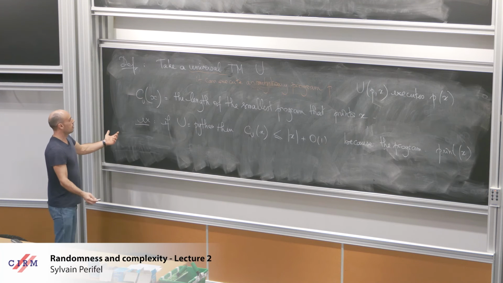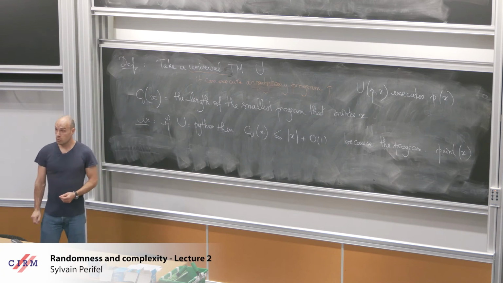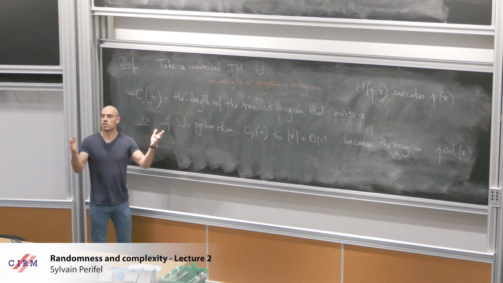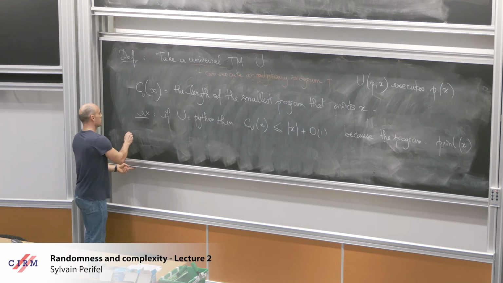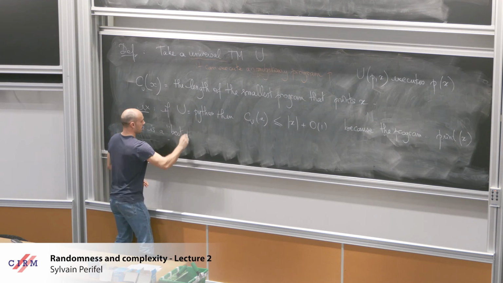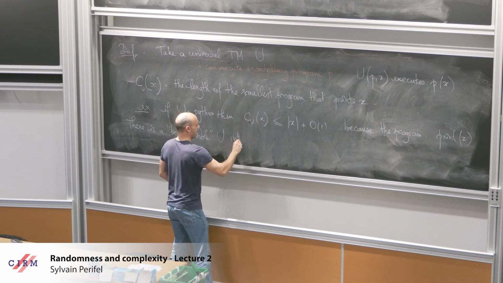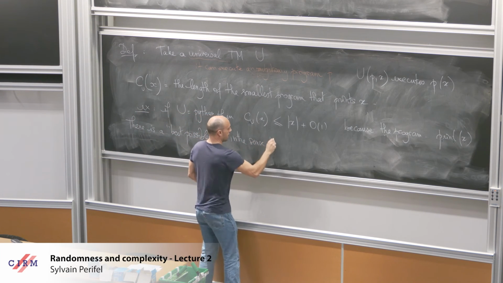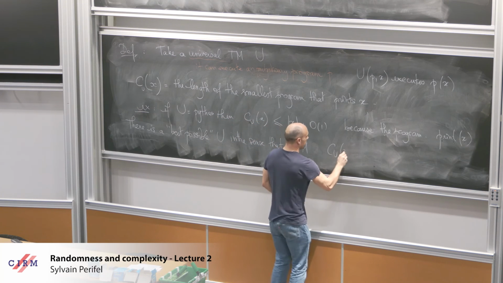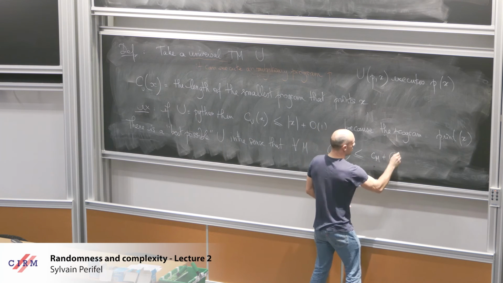So you will tell me that, okay, this is because we have chosen a correct machine u. Indeed, it depends on u. But actually, what you can do is to choose the best possible u in some sense. Okay? So there is, let's say, a best possible u in the sense that for all other machines m, C_u of x is always less than C_m of x plus a constant depending on m, c_m.